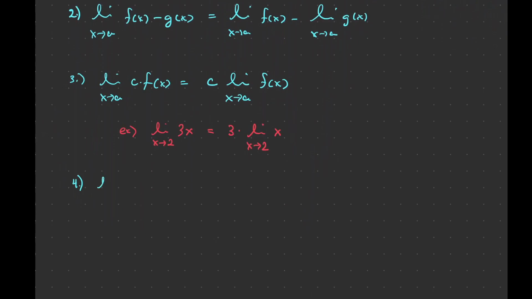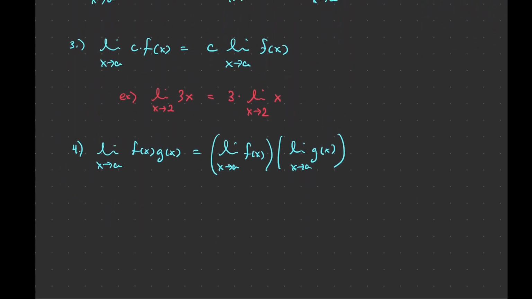This one says that you can have the product of two functions inside and split that up into a product of the limits of f times g. All right, an example of that would be, let's say the limit as x approaches pi of sine x cos x.